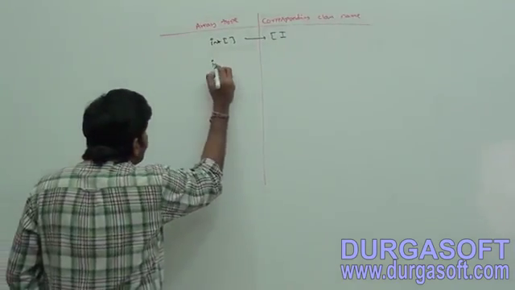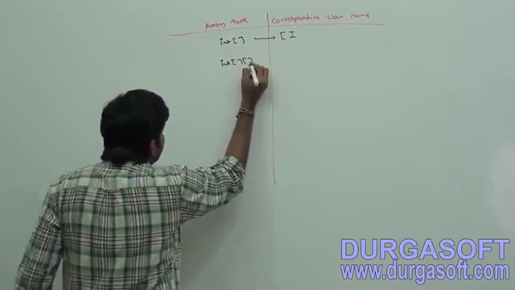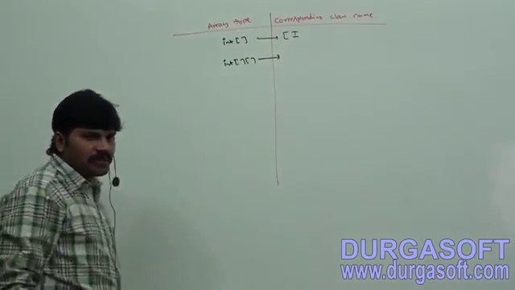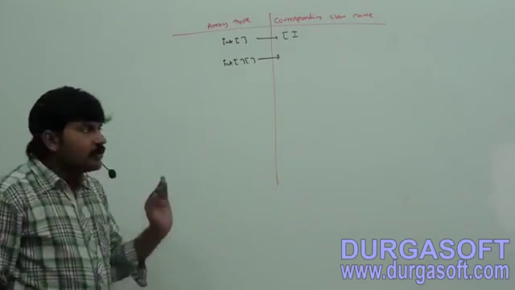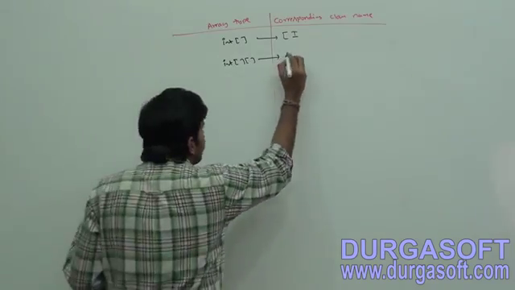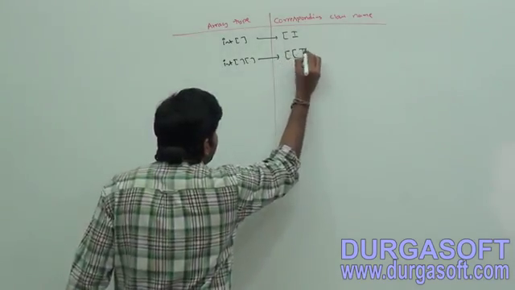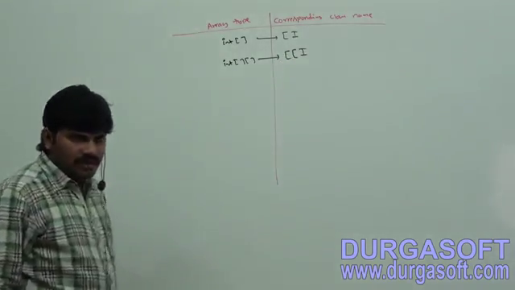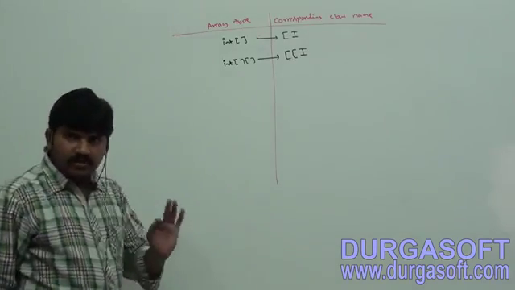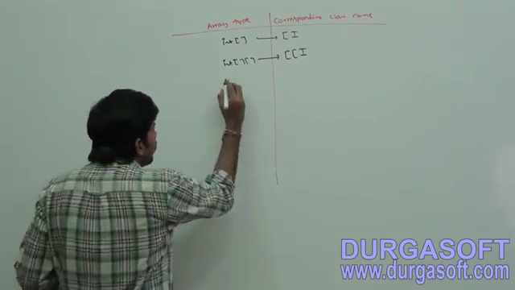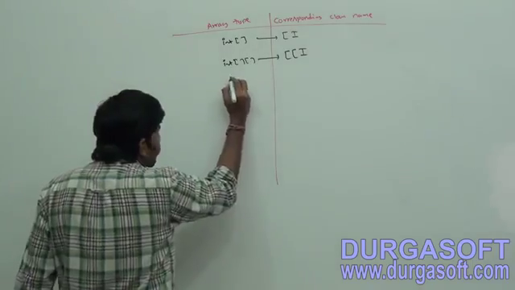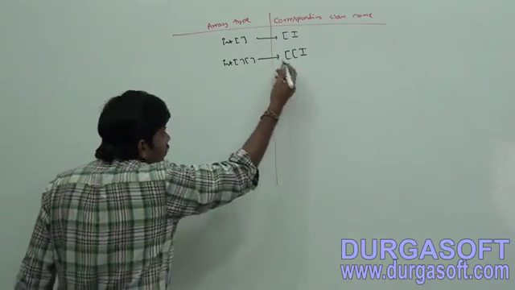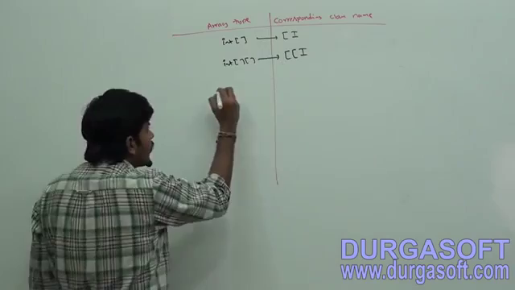Now I am taking a two-dimensional int array. So for a two-dimensional int array, it is two square brackets followed by I. If I take a three-dimensional one, it is three square brackets.